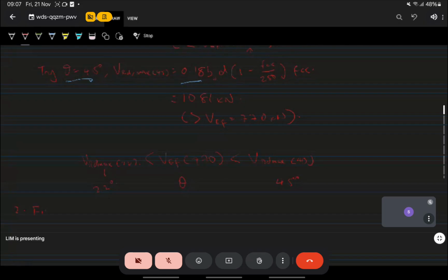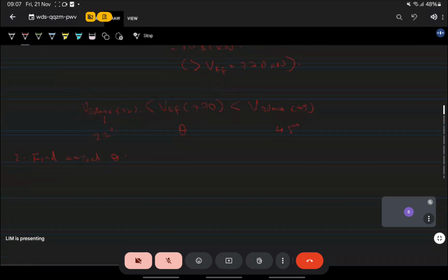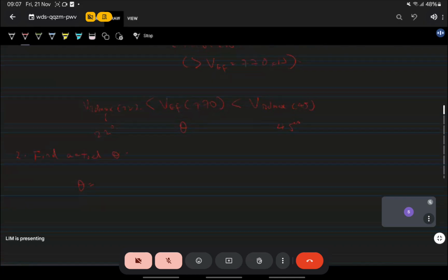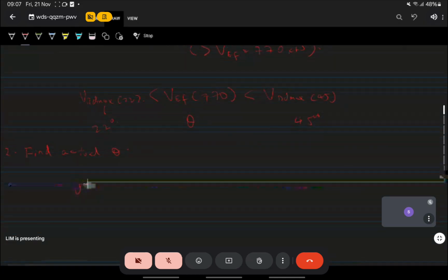Now the formula for theta is this: 0.5 times inverse sine of VEF divided by your VRD max 45.